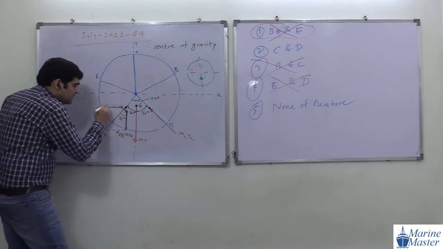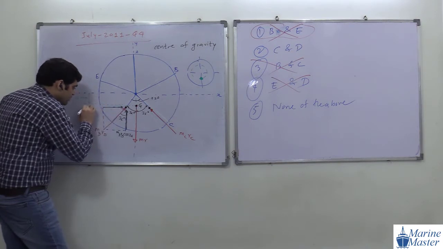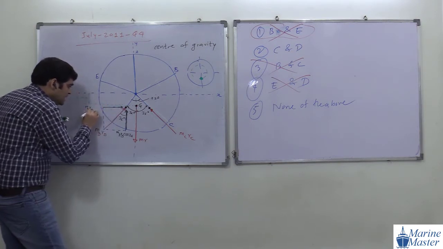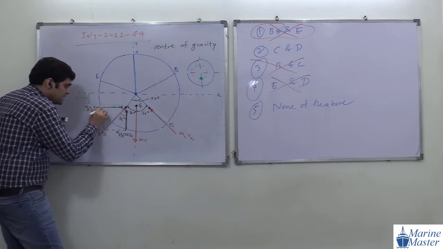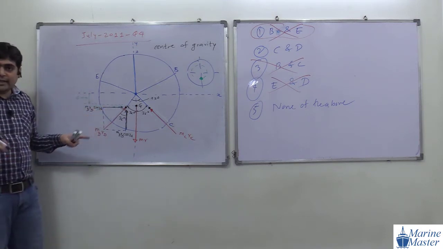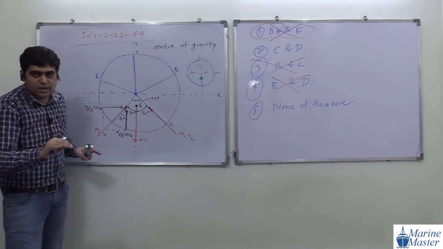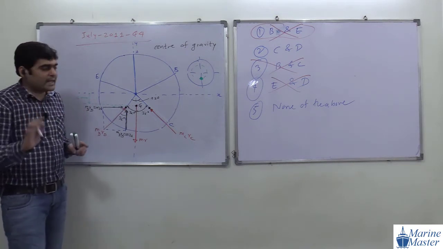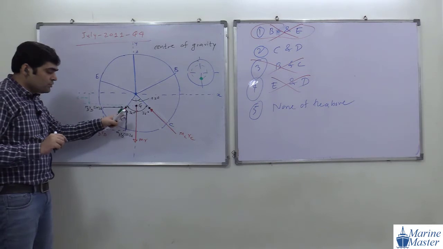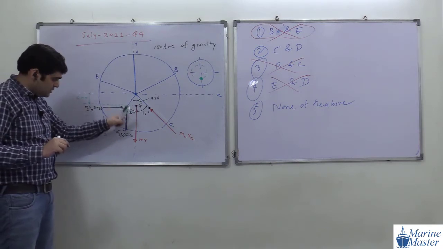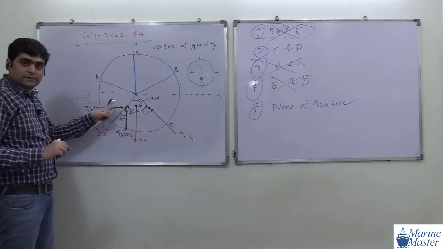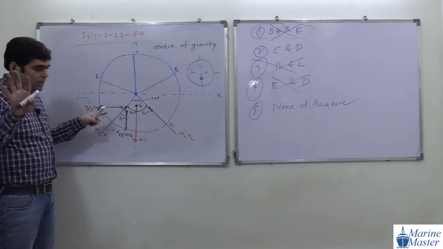And this component will be MDRT sin 36. Okay. Are you getting my point? It is not compulsory that X direction means sin, X direction means cos, and Y direction means sin. It is not like that. Here the angle is with respect to Y. So adjacent, cos, opposite, sin. Okay, guys, are you getting my point?